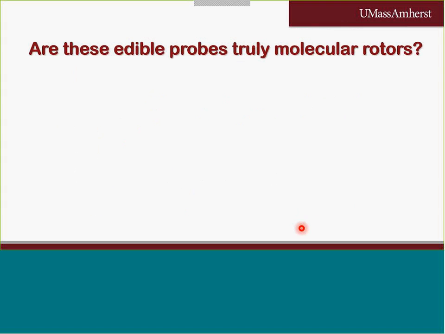However, we need to expand the definition of these edible probes as truly molecular rotors, because we will have to differentiate whether they were only sensitive to microviscosity or if there were other factors affecting them, such as the polarity of the system.